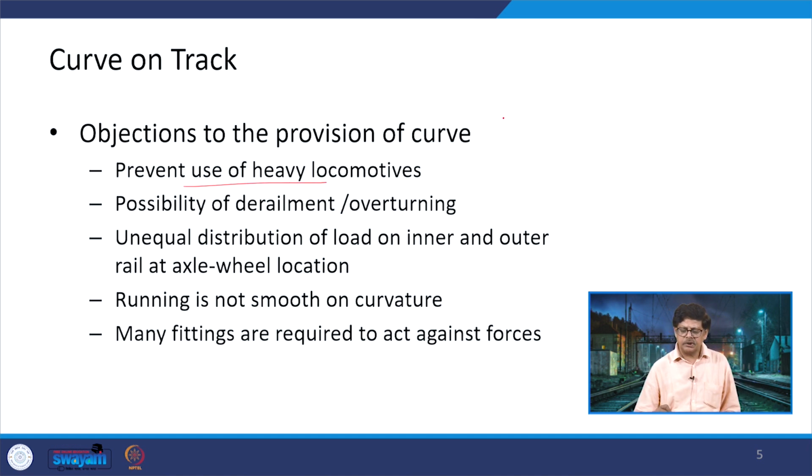Say you are going along a straight section, and then there is a sharp curve, and again a straight section. In this sharp curve, it will be difficult for heavy locomotives to move at the speed at which they are required to move on a particular track. So there may be a requirement of restricting the speeds. In some cases, this sharp curve may be such that the locomotive may not be able to traverse that particular curve.